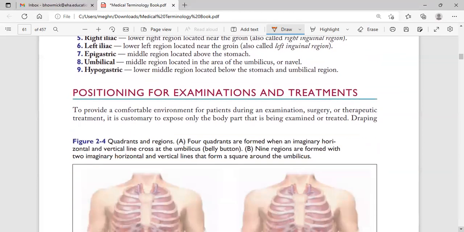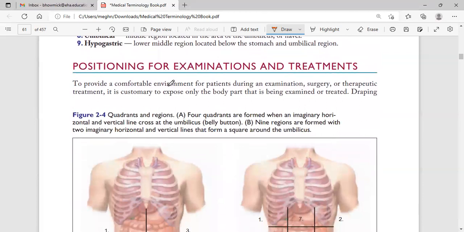Next, positioning for examinations and treatment. To provide a comfortable environment for patients during examinations, surgery, and therapeutic treatment, it is customary to expose only the body part that is being examined or treated.